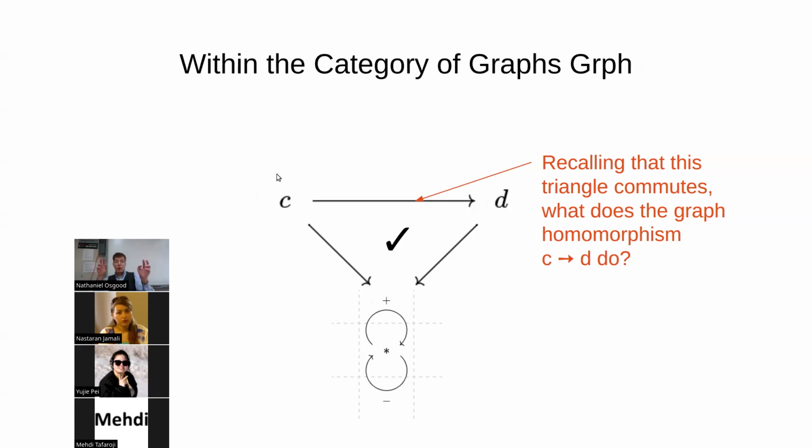Plus edges in C have to map to plus edges in D. Minus edges in C have to map to minus edges in D. Is there any added constraint on vertices because of this? No, there's no added constraint because they're undifferentiated. They all go to star.